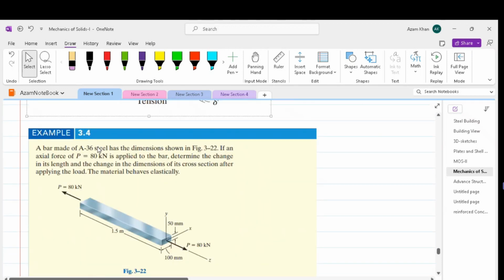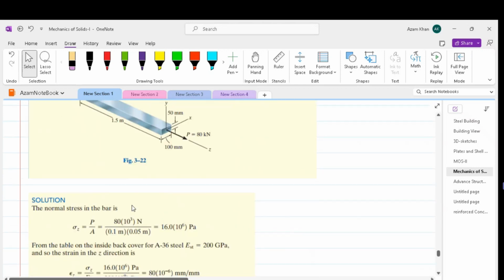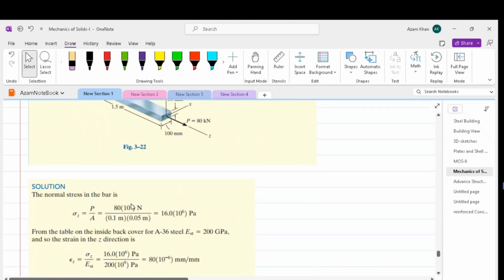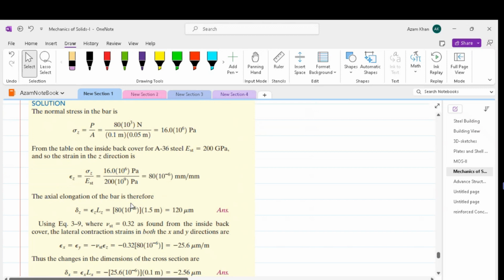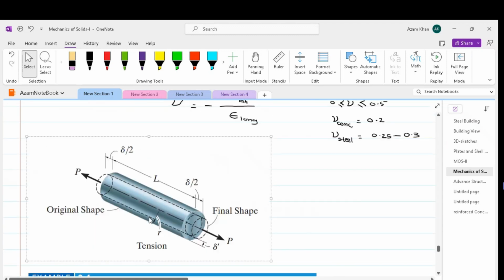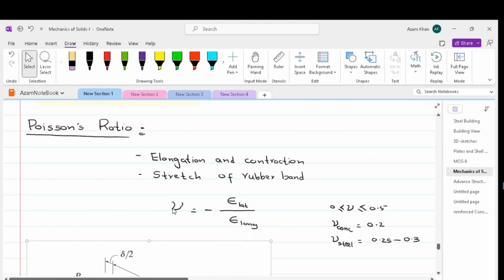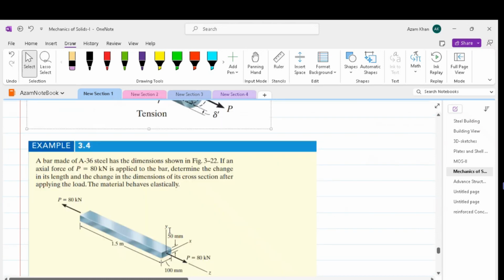Then for A36 steel, we know that the Poisson ratio is 0.32. As we discussed, the Poisson ratio is the negative of lateral strain by longitudinal strain. So we can find out the lateral strain by multiplying the Poisson ratio with the longitudinal strain.